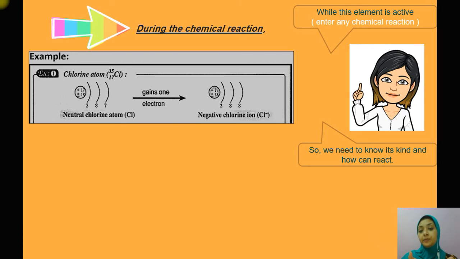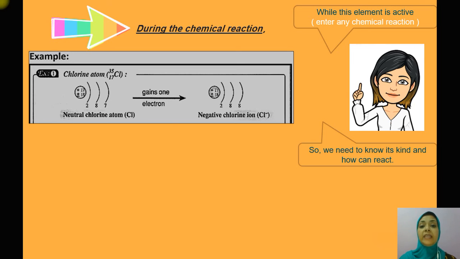we have no ion. What happens when the number of electrons increases? The charge of electrons will be increased, so it's a negative ion. What happens when the number of electrons decreases? The number of protons will be more than the number of electrons, so the positive charge will be more than the charge of the electrons, so it will be a positive ion.